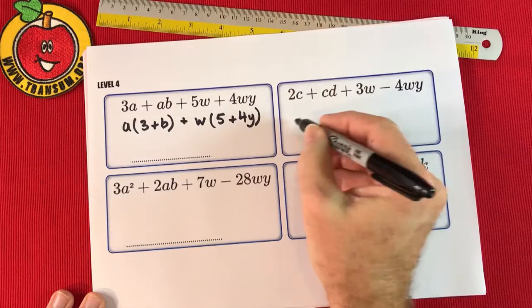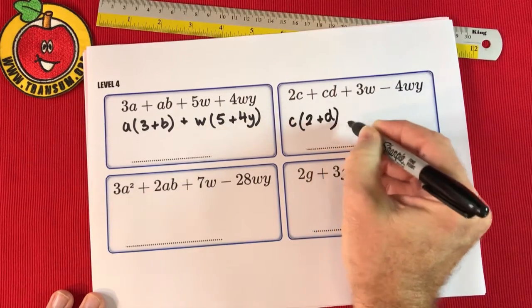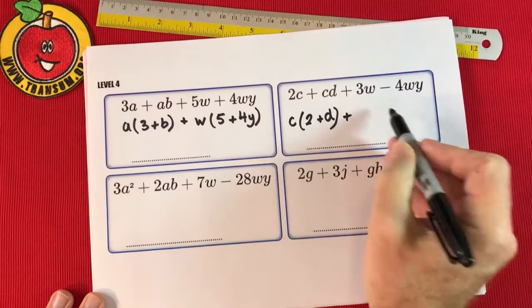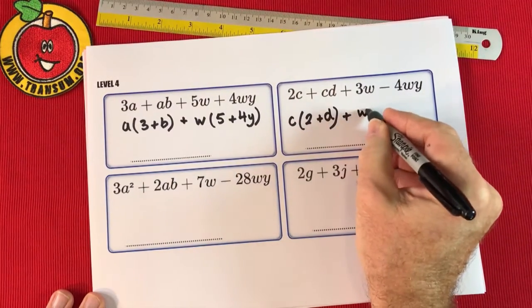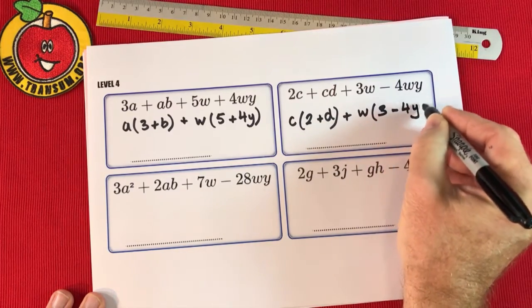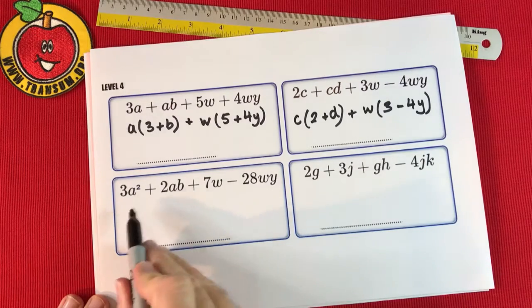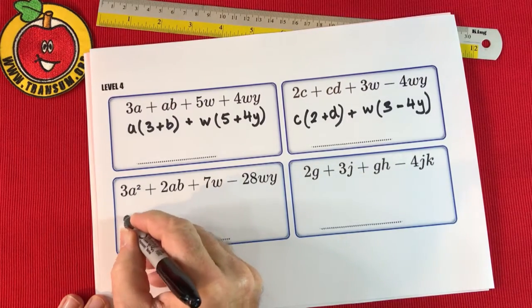So this one, the first 2 terms have got a common factor of c, and the second 2 terms have got a common factor of w. Here, the first two terms have got a common factor of a.